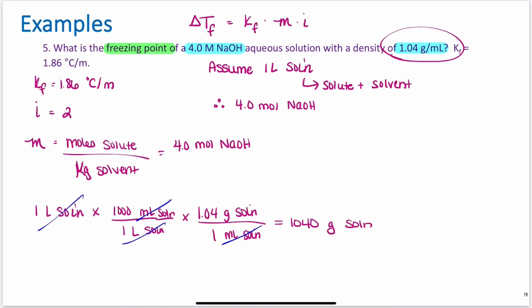But that's not completely helpful because I need kilograms of solvent, not solution. I do, however, know that I have 4 moles of sodium hydroxide. If I know the moles of sodium hydroxide, I know how much that weighs. I just need to convert to grams. Sodium hydroxide has a molar mass of 40 grams per mole.